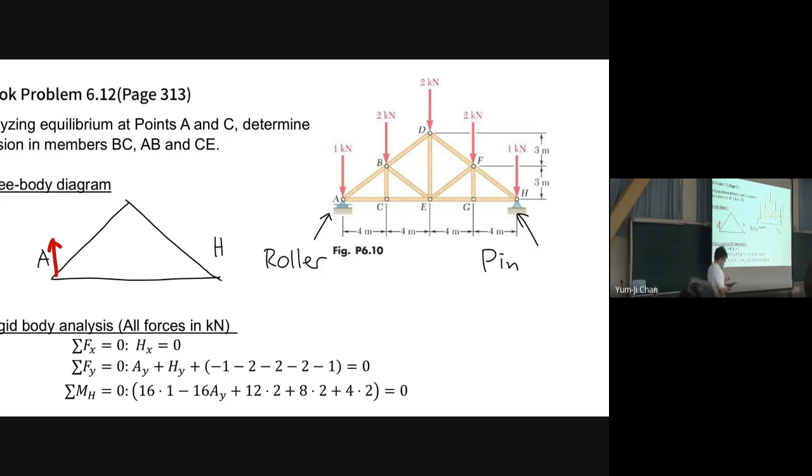And for point H, we have a pin support. Can we move to the left and to the right? No. So we have a force to the right, HX. Can we move up and down? No. So we have a force HY. Can we rotate at point H? Yes. So we don't have a moment. So we will have these three support forces.